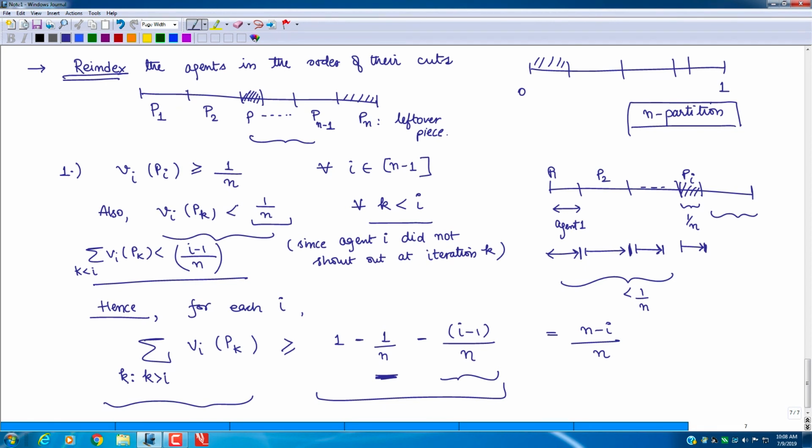Okay. So does this particular inequality give me some observation? The hint is the averaging argument. So I know that this particular sum is at least n minus i by n, right?